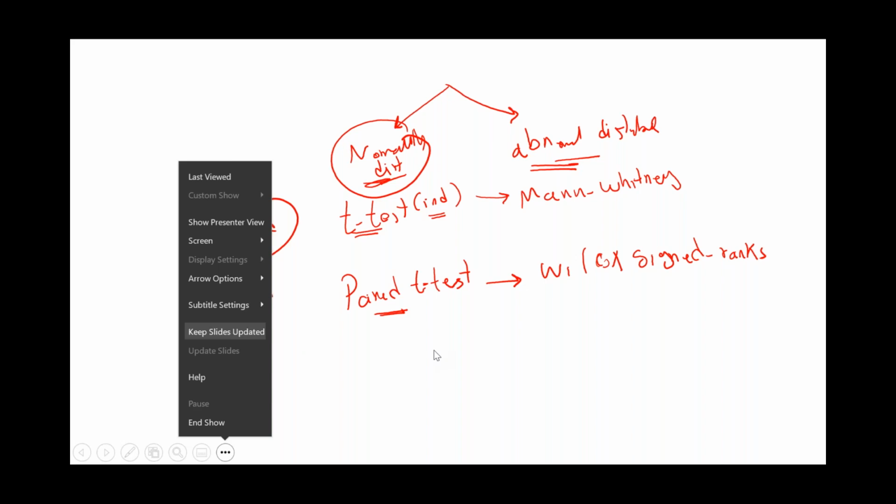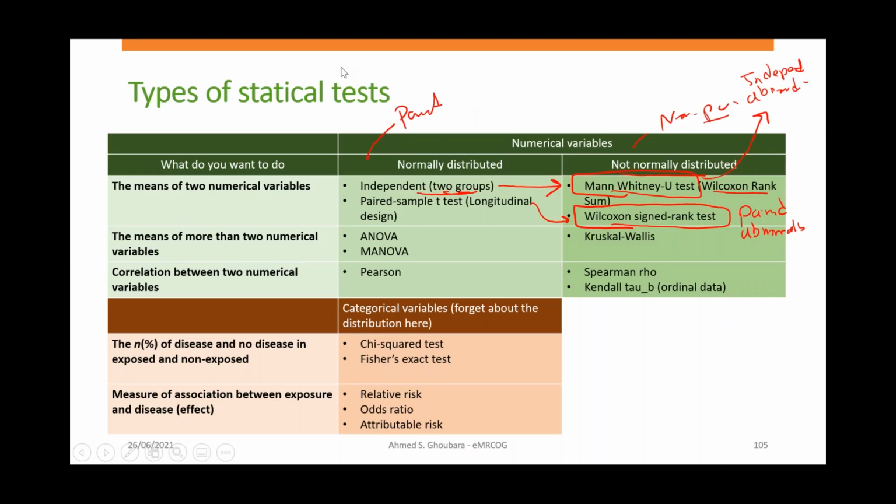Tell me, are you clear with this point? Good. Okay, shall we continue?